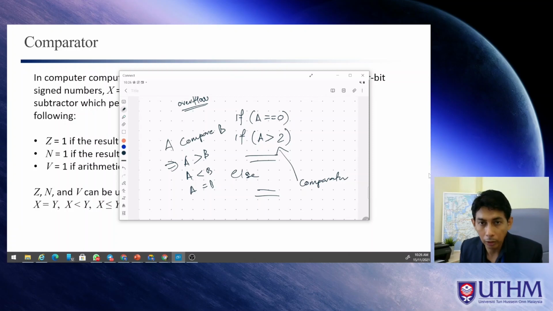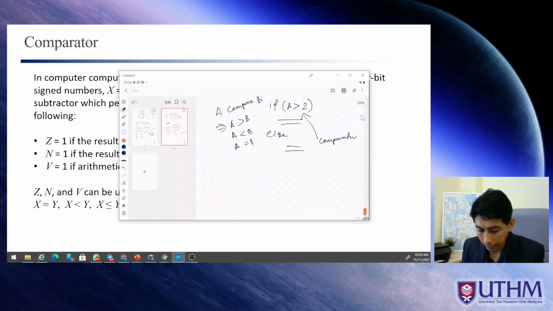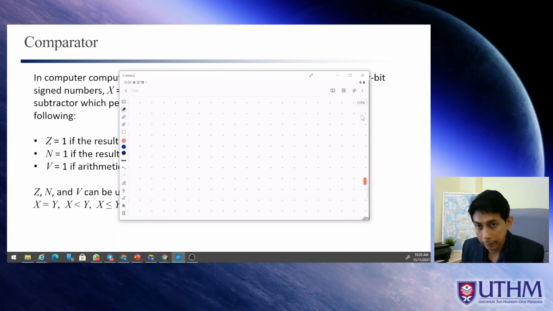Now how to do the comparison? There are many ways, and the easiest way, the one that is used in the computer system, is using again the adder. So you can see that the adder can do many things now.